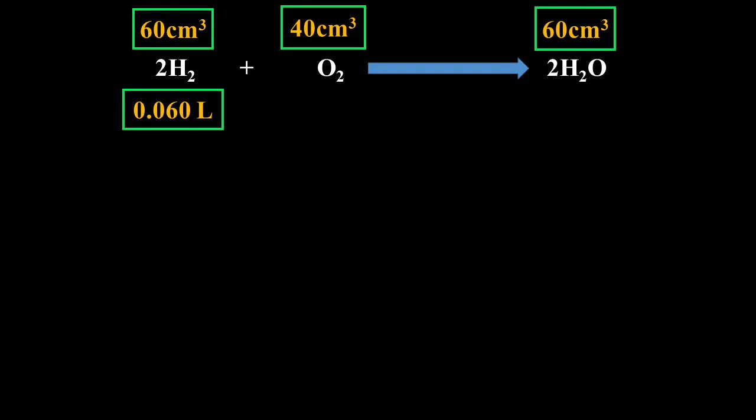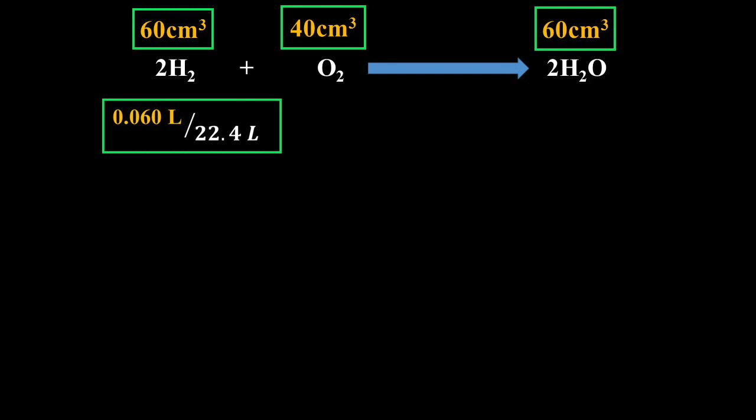Well, that's going to be 0.060 liters of hydrogen is actually going to react, and that's going to react with 0.03 liters of oxygen and produce 0.06 liters of water. So now if I convert the 0.06 liters to moles by dividing through by 22.4 liters, I'll determine the moles of each.